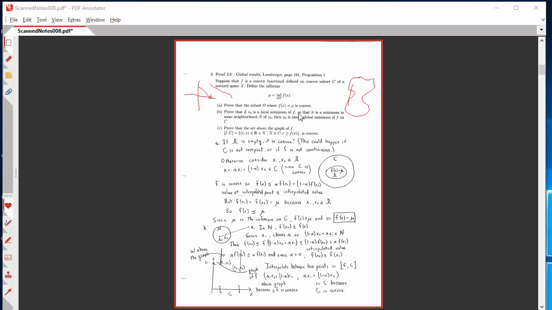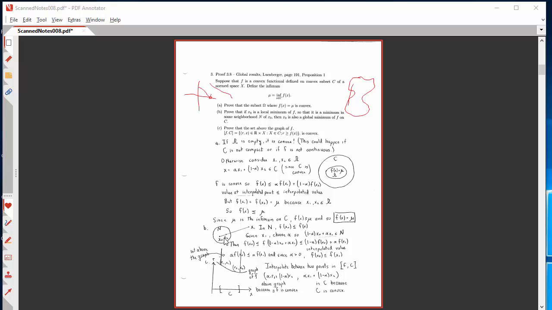Now for quite a nifty result. Suppose that x0 is a local minimum of f. What that means is that in some neighborhood of point x0, f of x is always greater than or equal to f of x0.